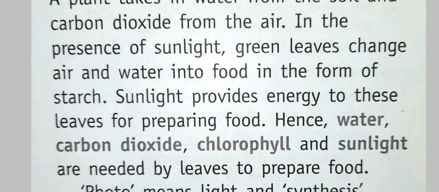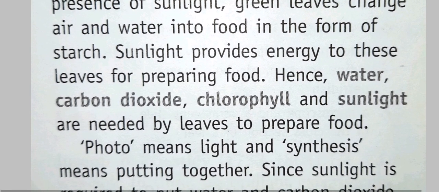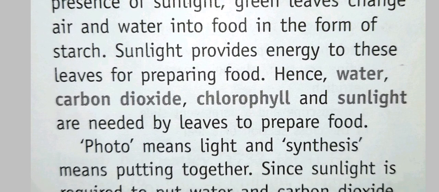So hence water, carbon dioxide, chlorophyll and sunlight are needed by leaves to prepare the food. So for preparing the food, leaves need four things. First of all, carbon dioxide should be there, water, chlorophyll and sunlight.